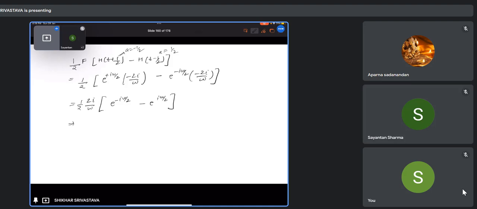Now you just take 2I to the denominator, so you will be left with e to the power I omega by 2 minus e to the power minus I omega by 2. Since when I will come in denominator, it will become minus I, so I've taken care of this sign by replacing it like this.